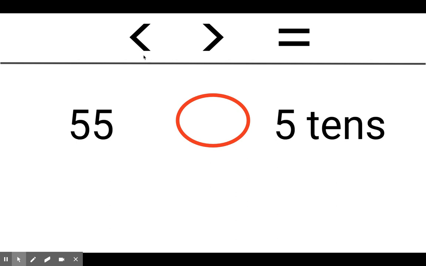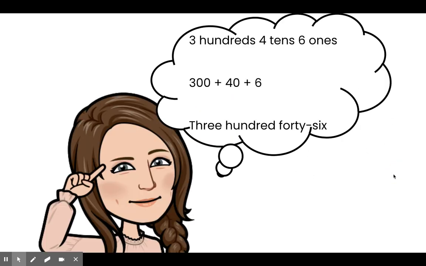Now, this is less than, greater than, equal to. You may notice that 55 is written in standard form, but 5 tens is written in unit form. It's telling us the units. Let's pause for a minute and think about this. There are various ways that we can write numbers. We can write them in unit form, telling the units, hundreds, tens, and ones. We can write them in expanded form, showing the value of each digit.